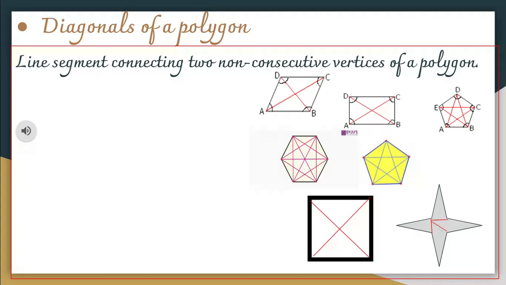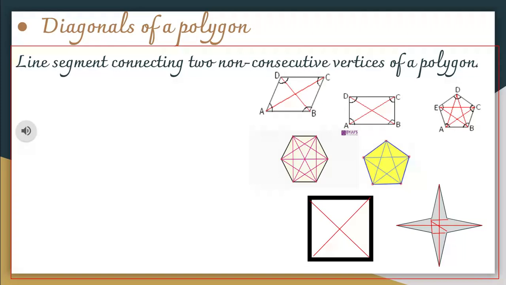Similarly, you can join this point to this. That's also a diagonal. And this point to this is also a diagonal. Like this to this is also a diagonal. So, like this, many diagonals are there. Like that, you can see other concave figures also, right? A concave polygon also has multiple diagonals, right?